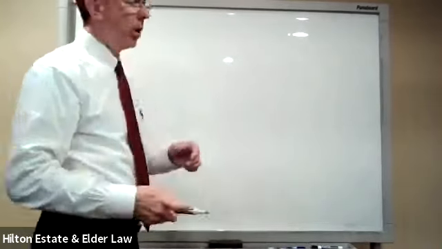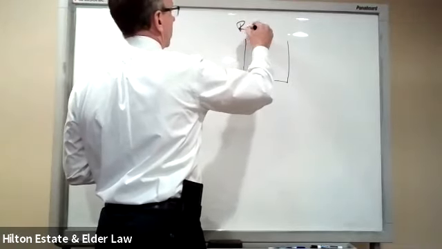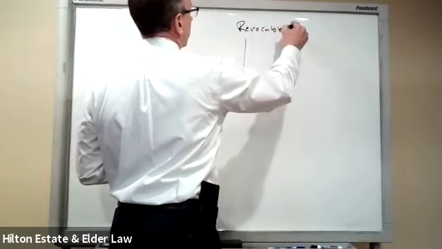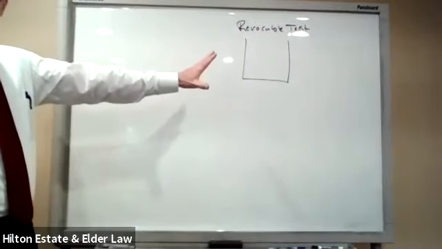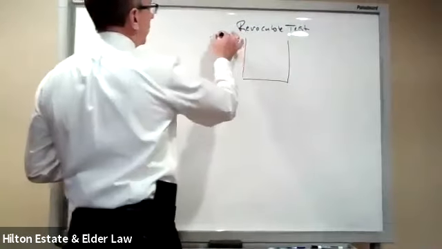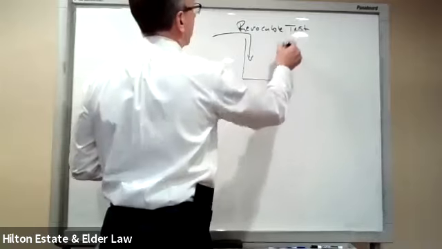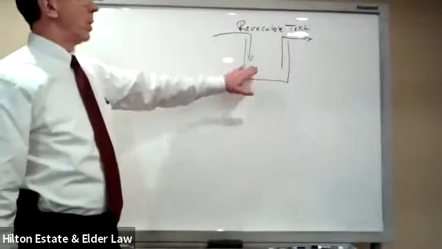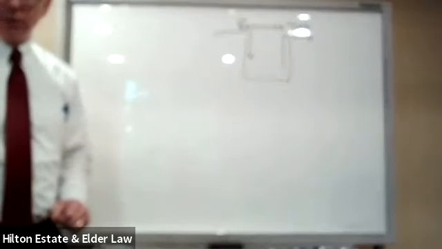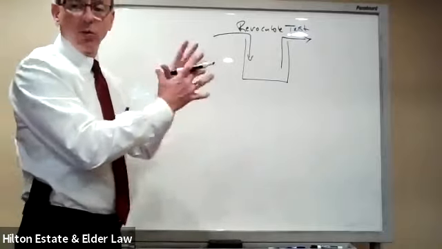I'll start with what's called a revocable trust. A revocable trust is an open box. We can put stuff in it, and you can take stuff out anytime you want. You want to put things in the trust during your lifetime, because the goal is to administer this trust after you die with the stuff already in it.